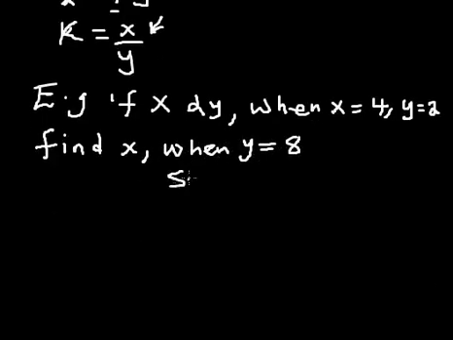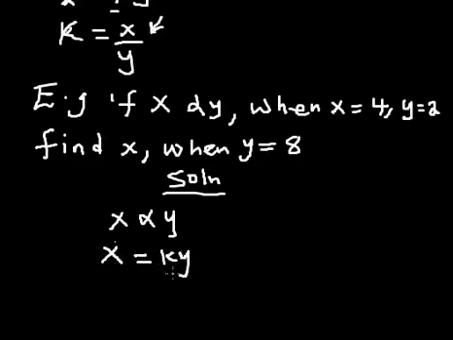The very first thing you need to do in solving a question of variation is to write the statement of the variation. Most times they will write it in words, but you know this is the variation: x varies directly as y. Then of course you know very well that if x varies directly as y, x is going to be equal to ky, and for me to get k, k is going to be equal to x over y.